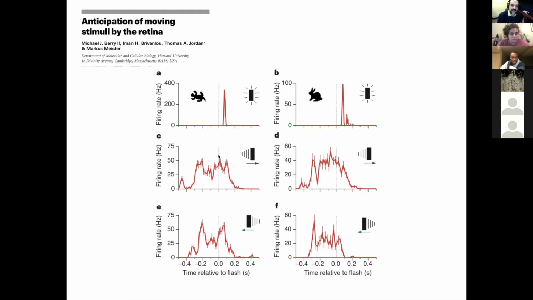This is the time that the moving bar arrives at the center of the receptive field. Way before that, the neuron is firing. This is the firing rate. Way before the bar arrives, and even after it arrived. And it's interesting, it's asymmetrical, right? When it arrives, it sort of dies off because now the future cells should be firing.